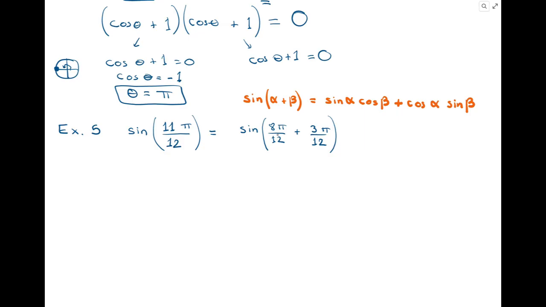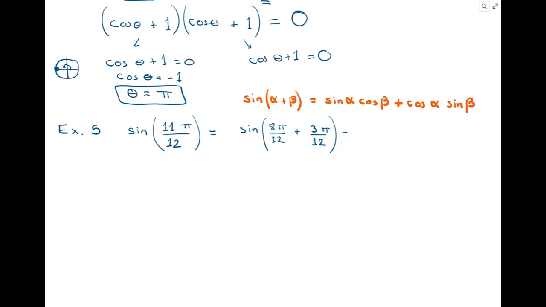Now, why did I pick that? Because, first of all, it gives me 11 pi over 12. And if I simplify the first fraction, 8 over 12 gives me 2 pi over 3. And I know values on the unit circle for that. And 3 pi over 12 will give me pi over 4, and I do know some values in my unit circle for pi over 4 as well, so that's what I want to use.